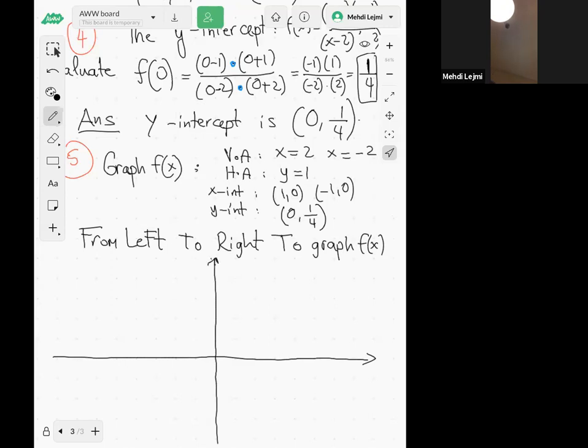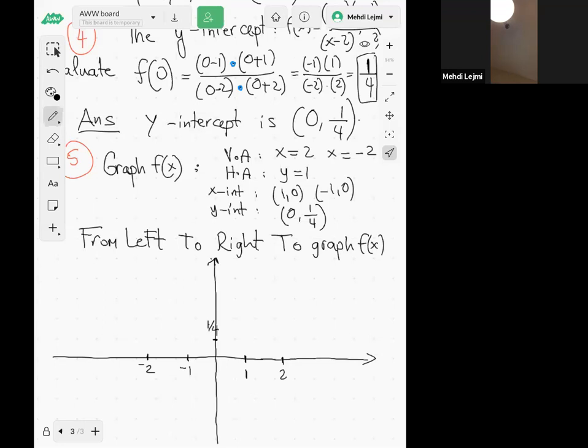Okay, so I'm going to need the +1, -1, so +1 here. This is +2. On the other side, I'm going to need -1 here, and I'm going to need -2 here. I'm going to probably take more space here. This is +2. And then I'm going to need the 1/4 on the y-axis. This is 1/4.